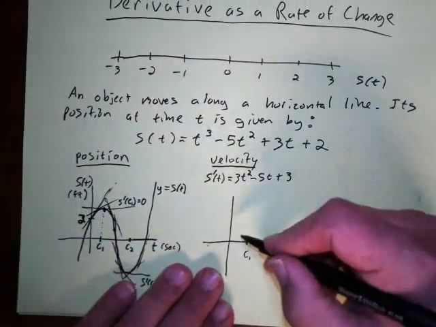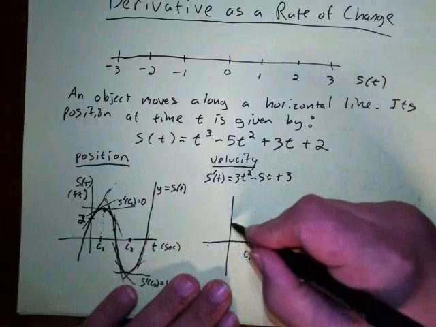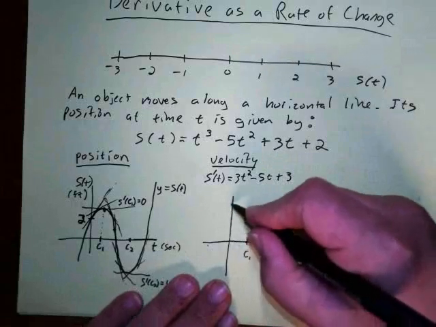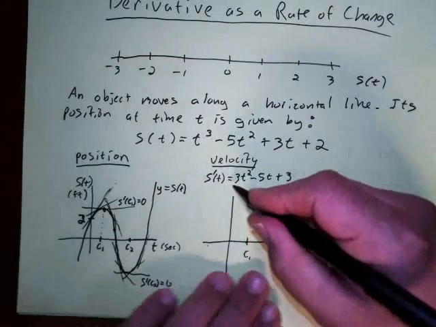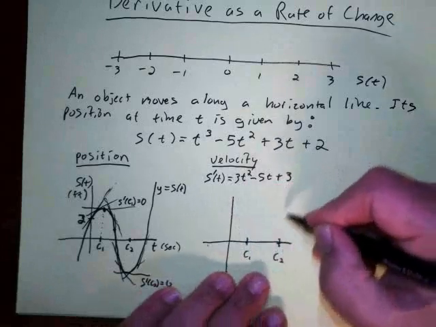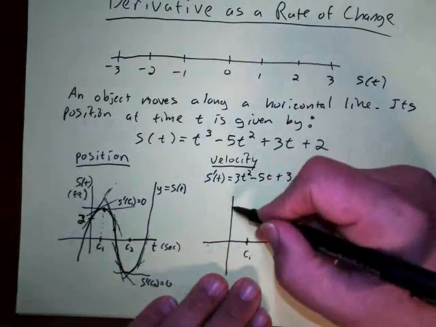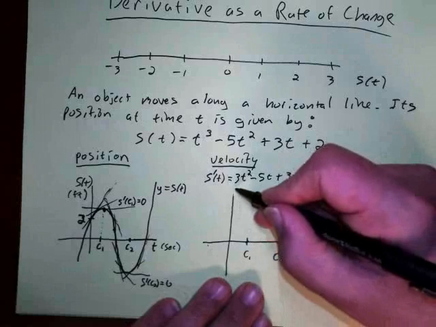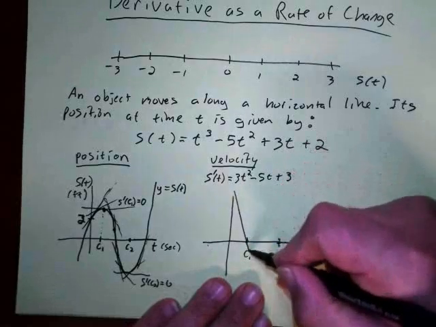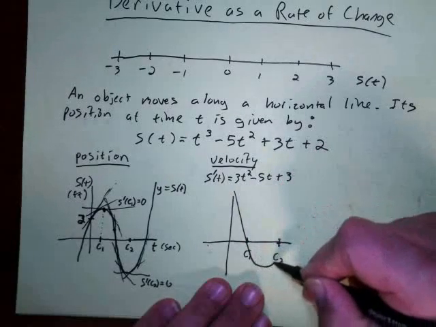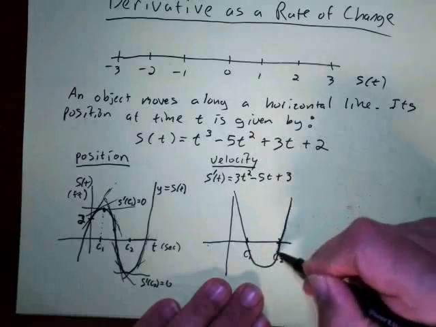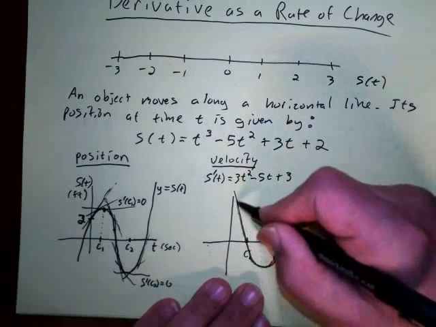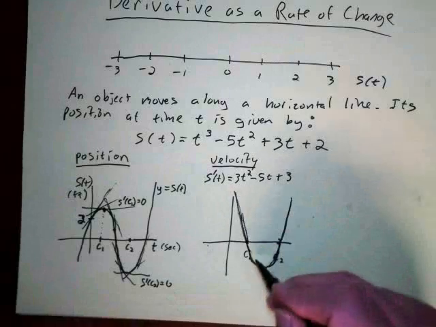So this is like a parabola, and it does look like it. If you have 1, 2, 3, it goes through the axis at 3, and these are the roots of that parabola. So it kind of goes down. I didn't draw it very well, but this is what it looks like.